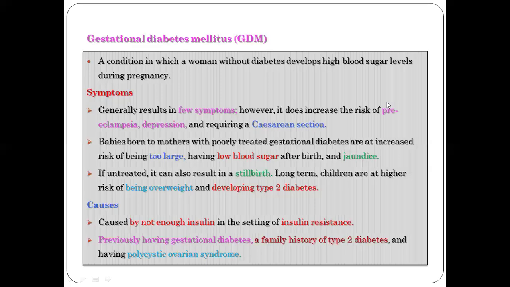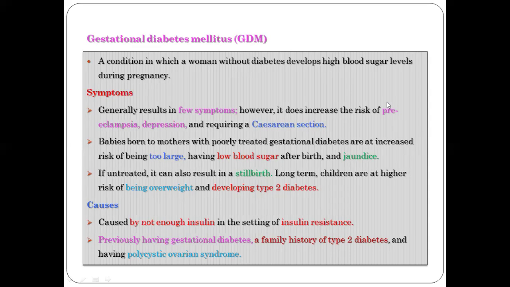And babies born to mothers with poorly treated gestational diabetes are at increased risk for being too large, having low blood sugar after birth, and jaundice. So these are the consequences.